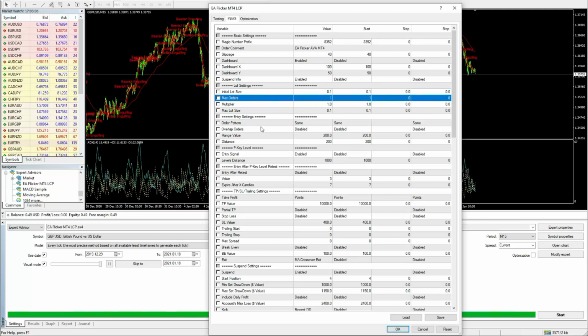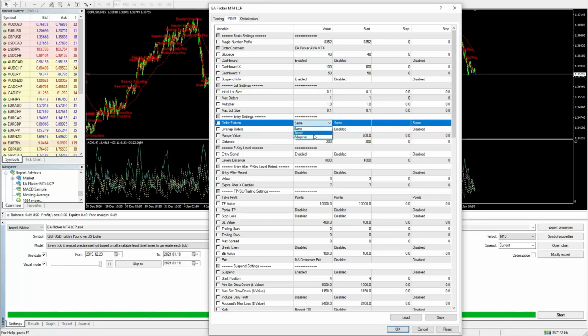Okay, now the order pattern, you can toy with this later on, but I put it as same, doesn't matter, but you can choose whether it's according to trend, adaptive. Now adaptive, it means that let's say you are running Martingale. Now this is only useful in Martingale. Okay, so if you're running Martingale, Martingale opens a series of positions. Now sometimes it may not be in the profit direction.